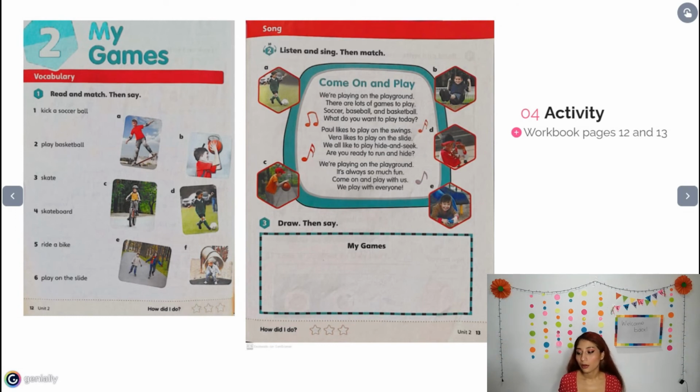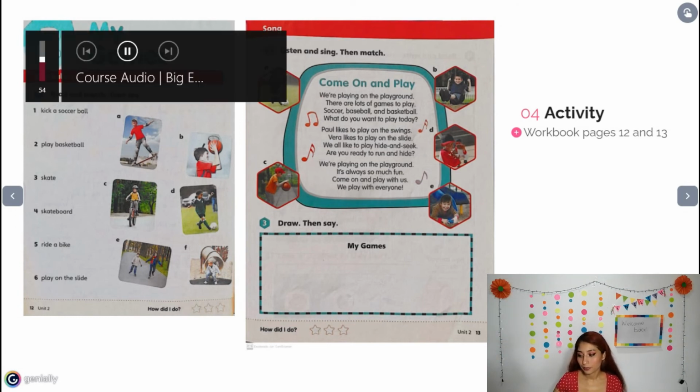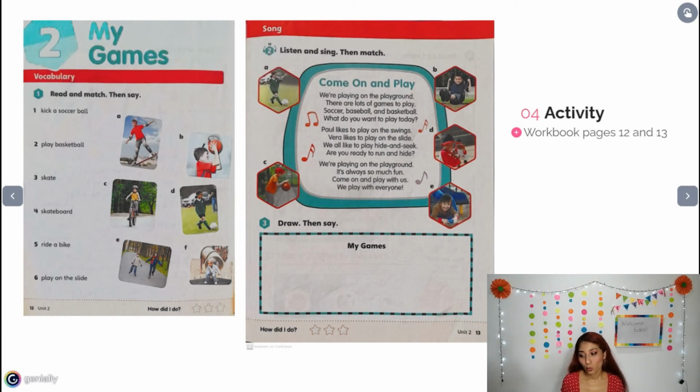We're playing on the playground. There are lots of games to play. Soccer, baseball, and basketball. What do you want to play today? Paul likes to play on the swings. Vera likes to play on the slide. We all like to play hide and seek.